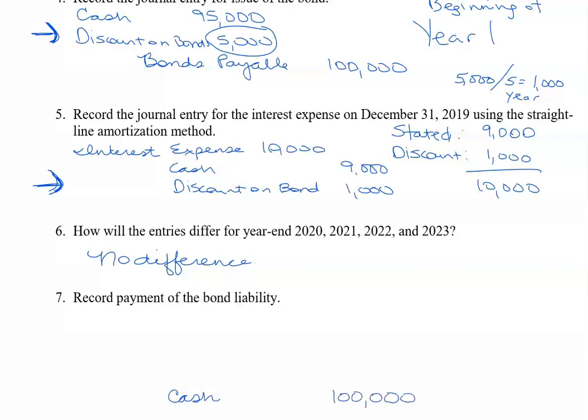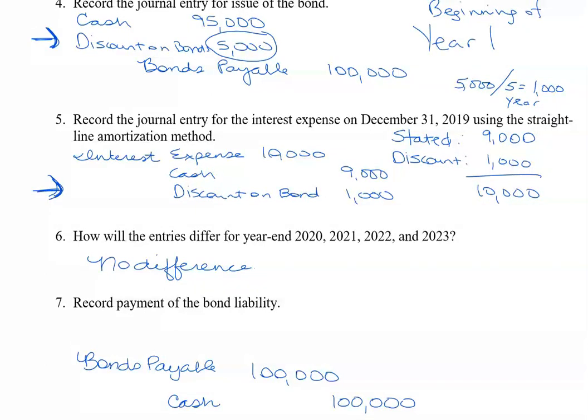We've already paid all the interest, so we're not worried about interest. And we're paying off the liability, so we'll debit it for $100,000. So now we've seen the entry we make at the beginning, the entry we make 5 times throughout the life of the bonds, and the entry we make when the bonds are repaid on their maturity.